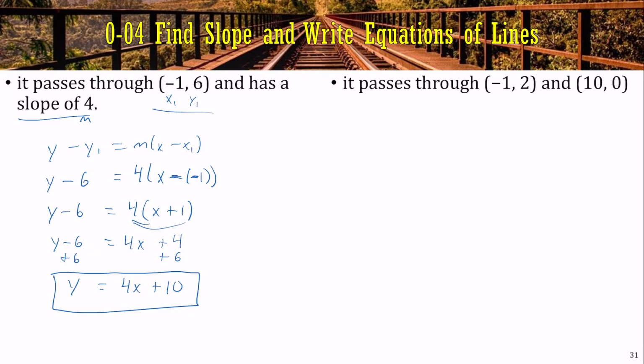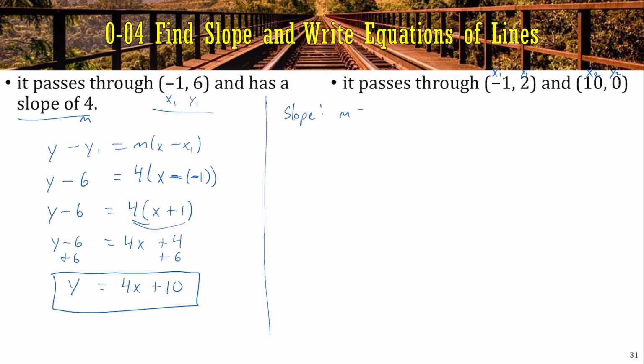Let's try another one. How about a line that passes through those 2 points? Well, step 1 is we need to find the slope. We'll call this maybe x1, y1, and this x2, y2.